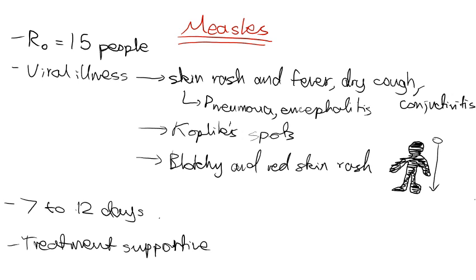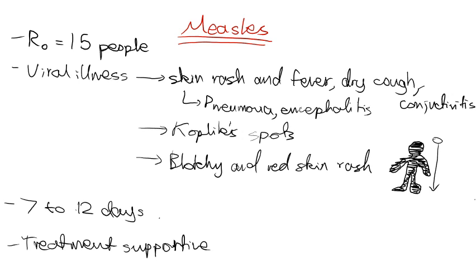Alright, so in review, measles is a highly contagious condition with a reproduction number of 15. It's a viral condition that presents with skin rashes, fevers, a dry cough, and conjunctivitis, and serious and even fatal complications can include pneumonia and encephalitis.